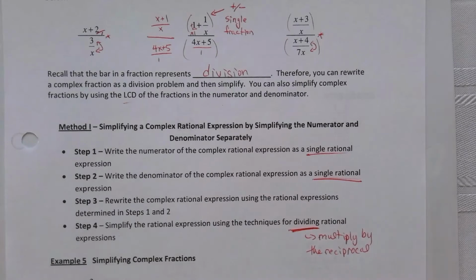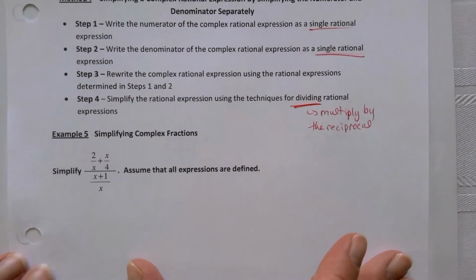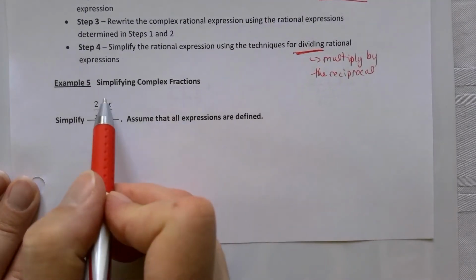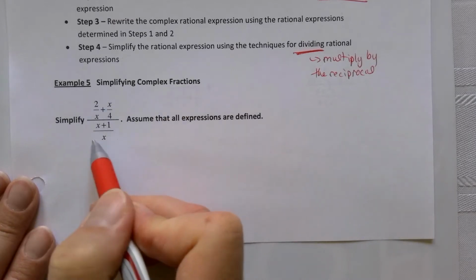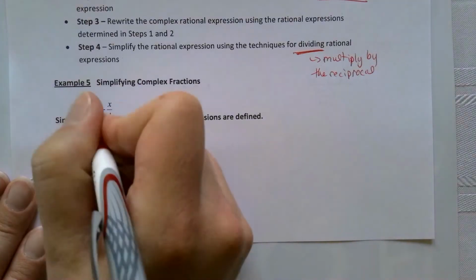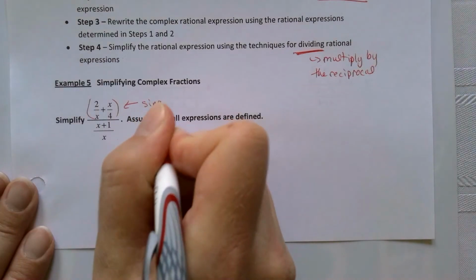All right, so let's get into this now that we've introduced it. What I see here is a complex fraction, and what's making it harder is this numerator. Okay, so the denominator is set, I'm going to multiply by the reciprocal here. The problem is this, so I need to turn this into a single fraction.